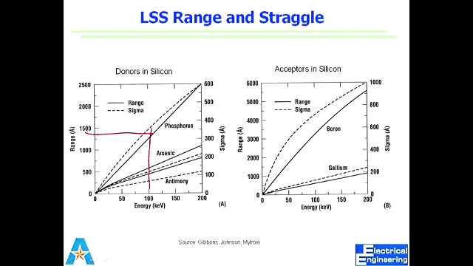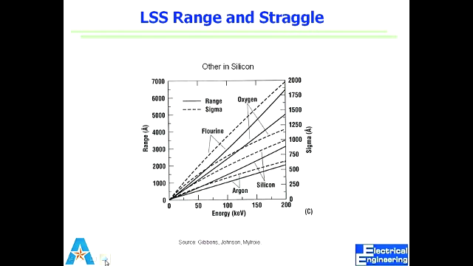So oxygen can be implanted way faster, right? They can penetrate really well. Of course they may not be used for doping, but they're done for other reasons.